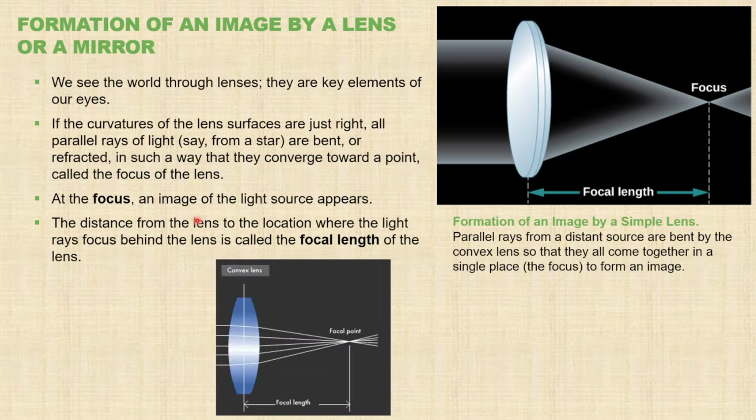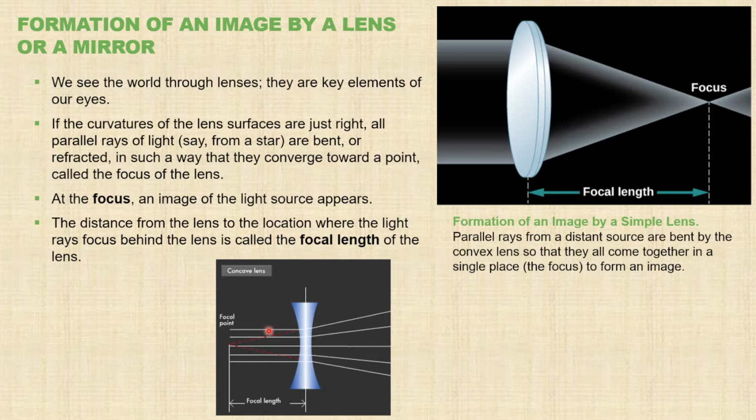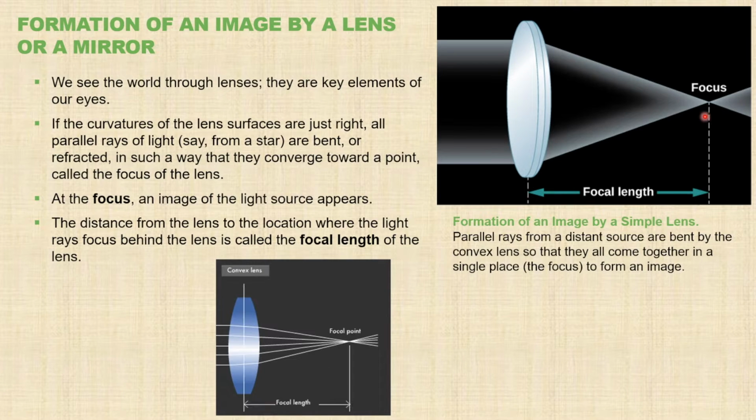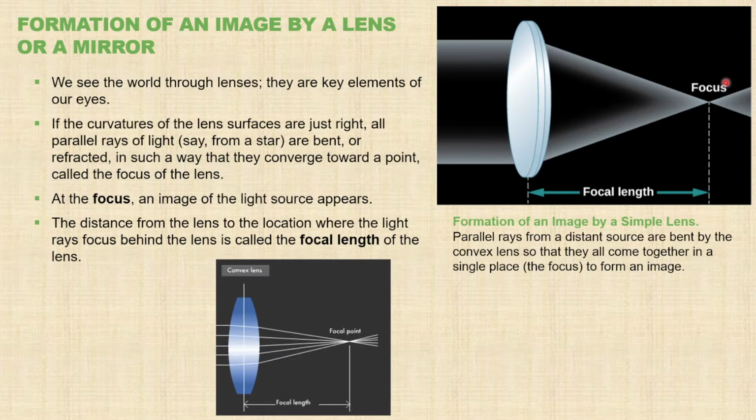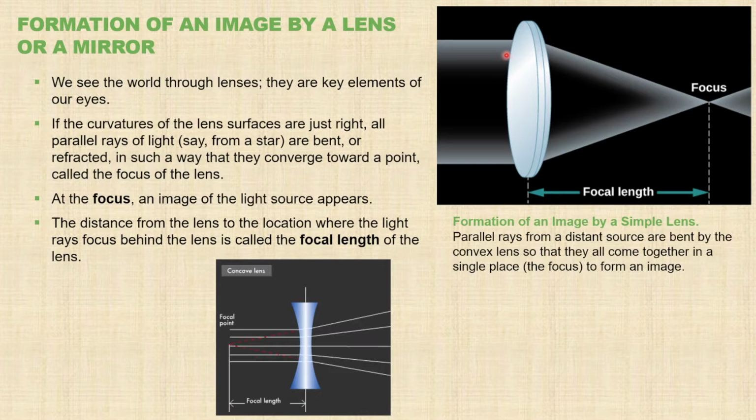These parallel light rays are converged by a converging lens, or convex lens, to a point called a focus, or focal point. So an image is formed at the focus by a convex lens.